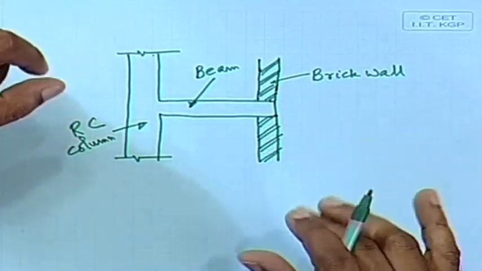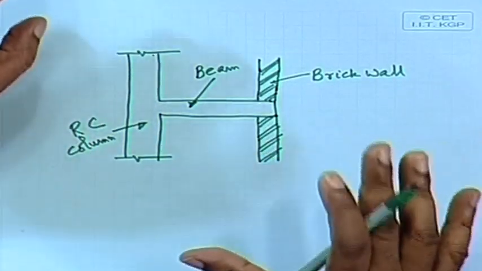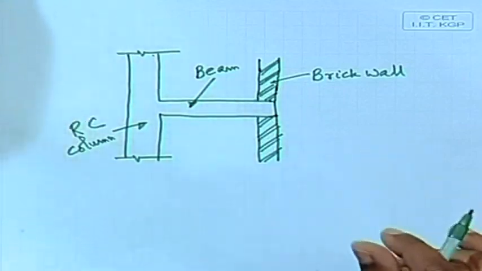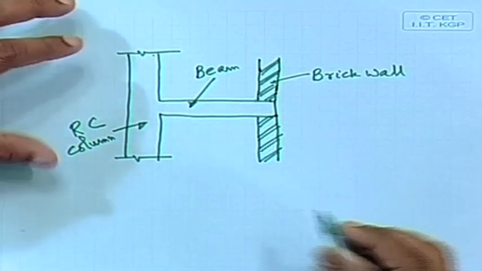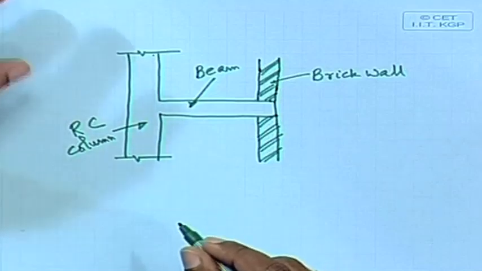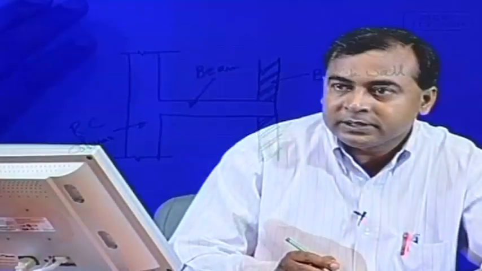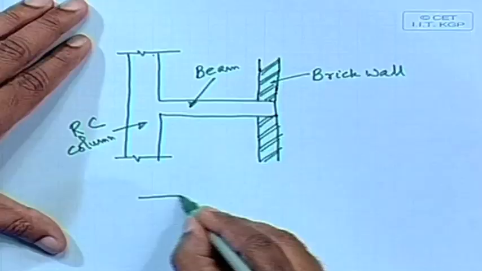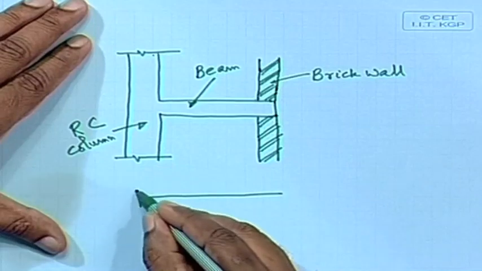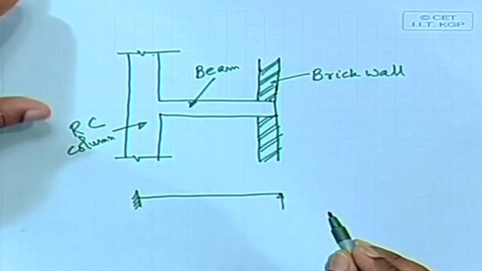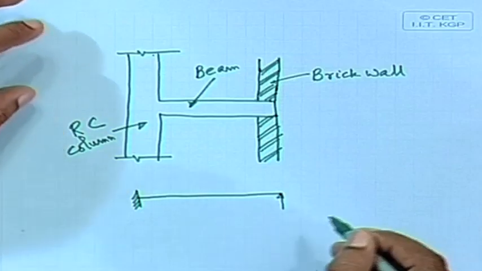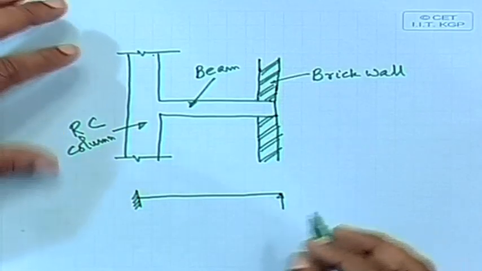So, what support condition should be suitable for this type of problem, because it is again different. We can consider this one as a propped cantilever, that could be the more logical. We can assume this way fixed and it is propped. So, fixed and propped, that could be the solution.